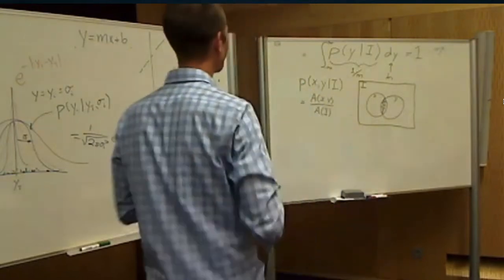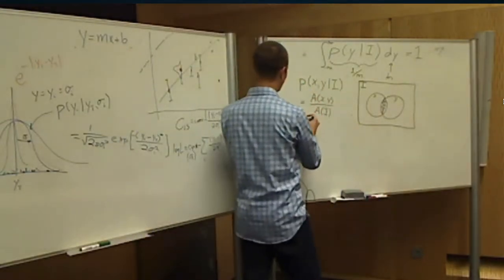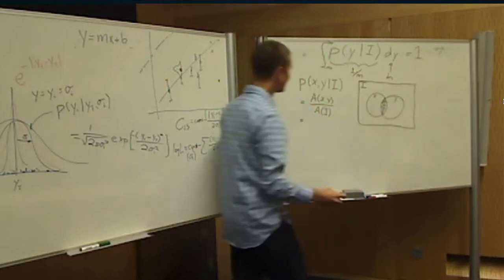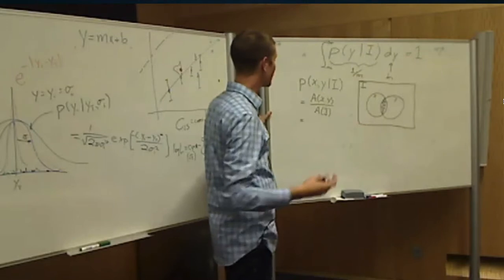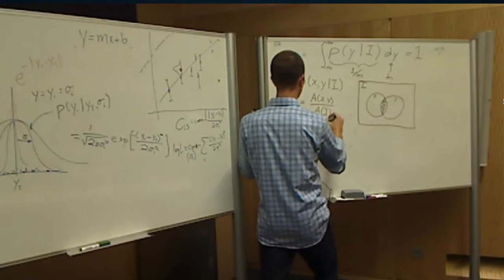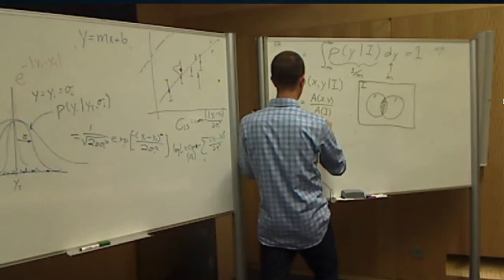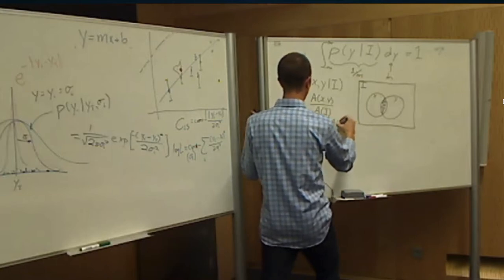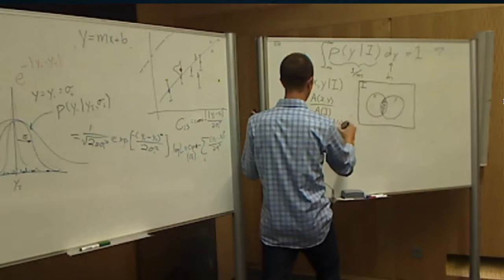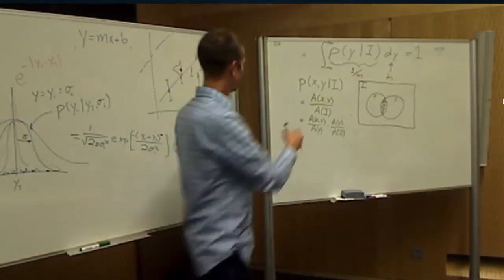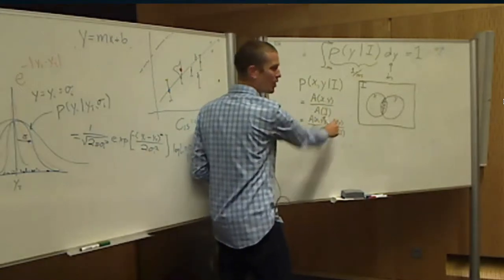Oh yeah, so what if you factor this out, right? You could say that this little area here divided by the area of the whole thing. Another way you can express that is you could say this is the area of x and y divided by the area of y, and multiply that times the area of y divided by the area of I, right? So we're just expanding this out by multiplying by 1, right?